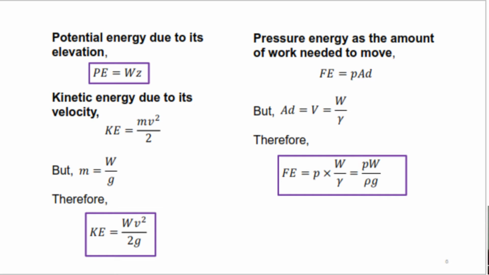Okay, this is how we calculate the three energies previously. So we have potential energy represented by PE. PE is weight times the Z elevation. And then for kinetic energy, we have KE. KE involves mass times velocity squared divided by 2.